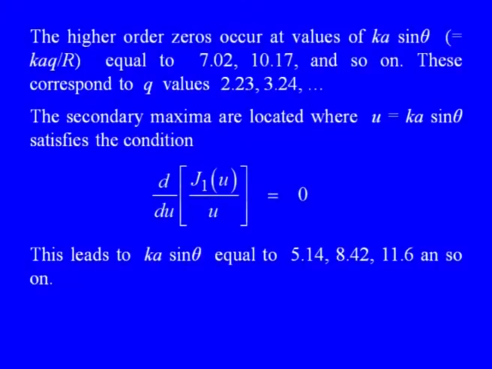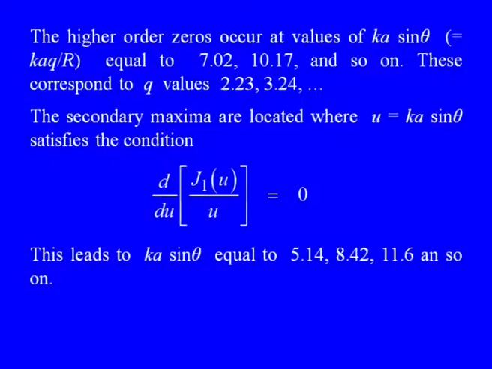Now, the higher order zeros of the Bessel function will lead to rings around the central disc. They are given by K a sin theta, which is equal to K a q upon R, and other values are 7.02. You see, the first zero was at 3.83, the expression that we had just now.